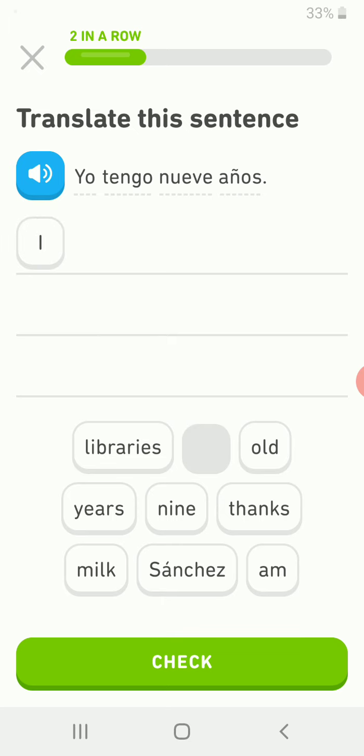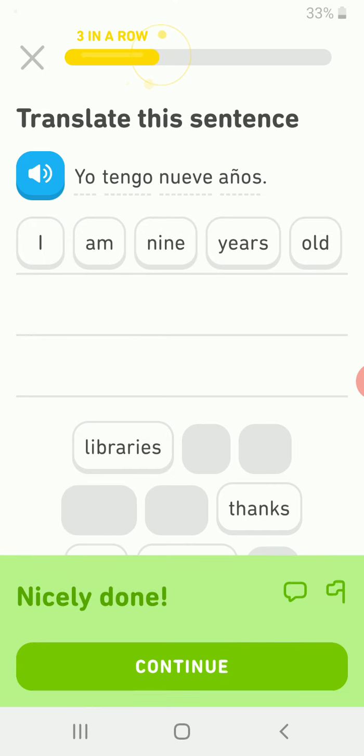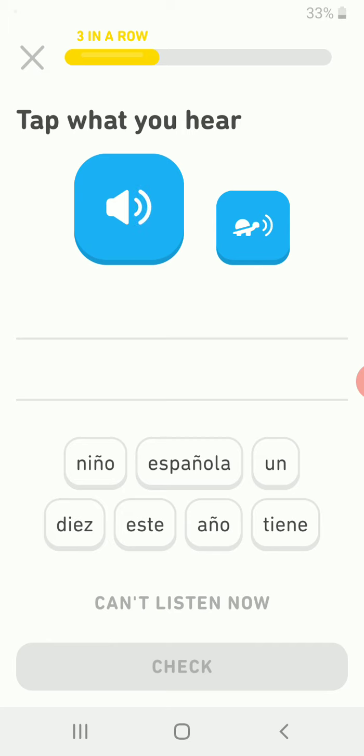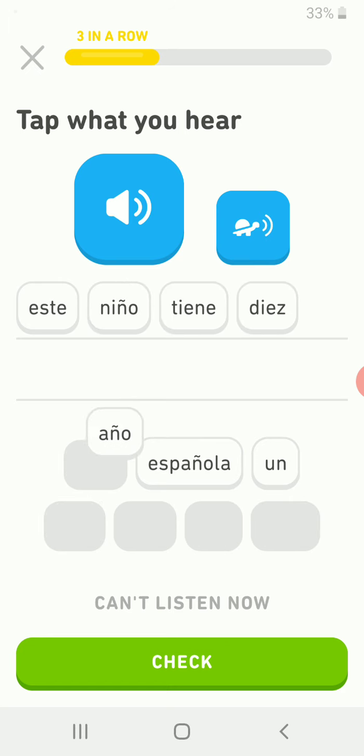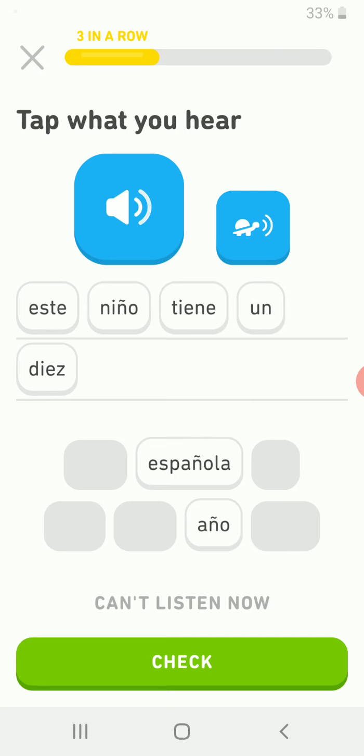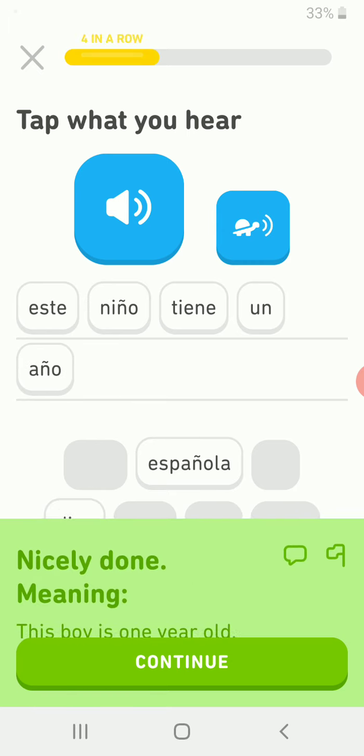I am 9 years old. Este niño tiene un año. Este niño tiene 10 años. No, it's un año. 10 años. Este niño tiene un año. Un año. 10 años. Okay.